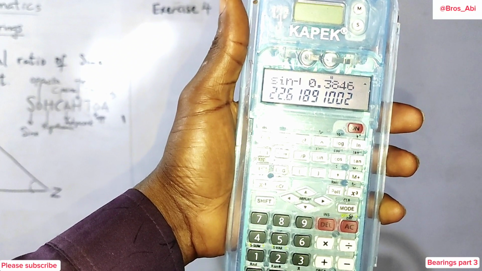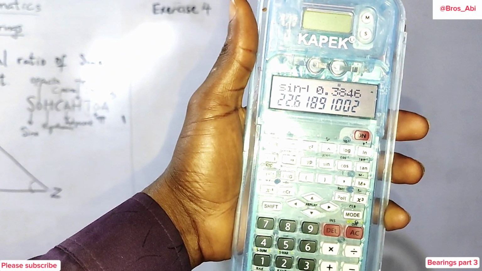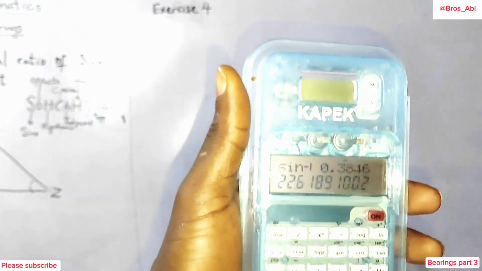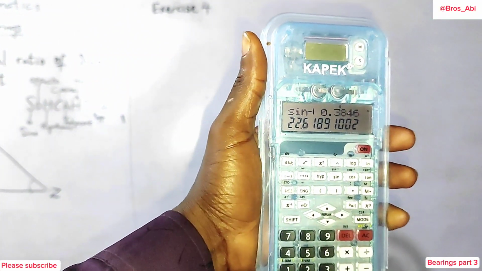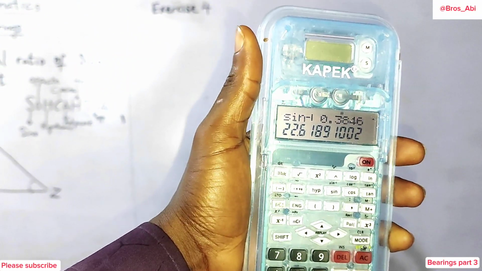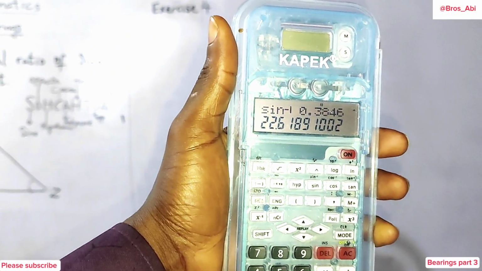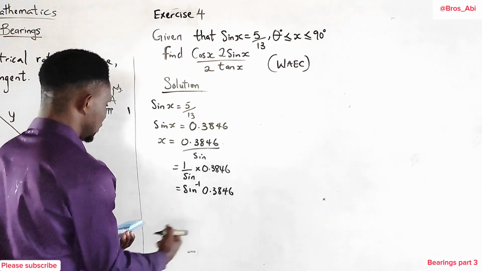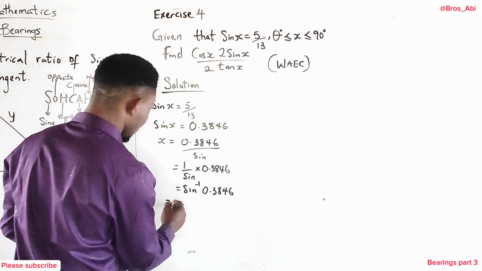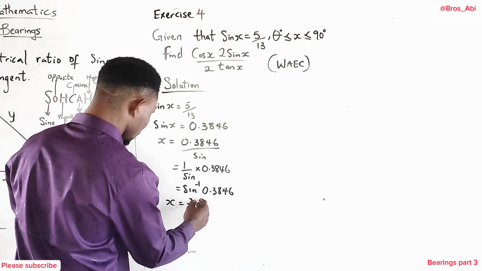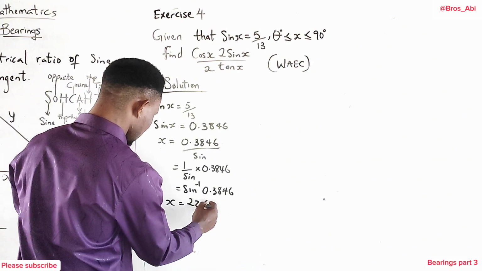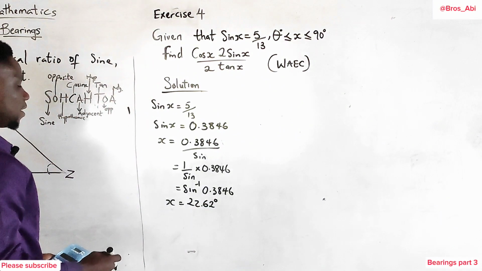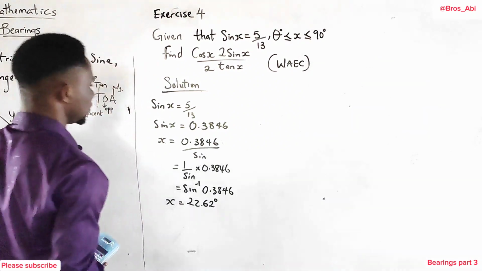Numbers that can be rounded up are numbers within the range of 5 to 9, which you round up by adding 1 to the other number. All right, so we have x equals 22.62 degrees. So this is the value of x, the degree of x.